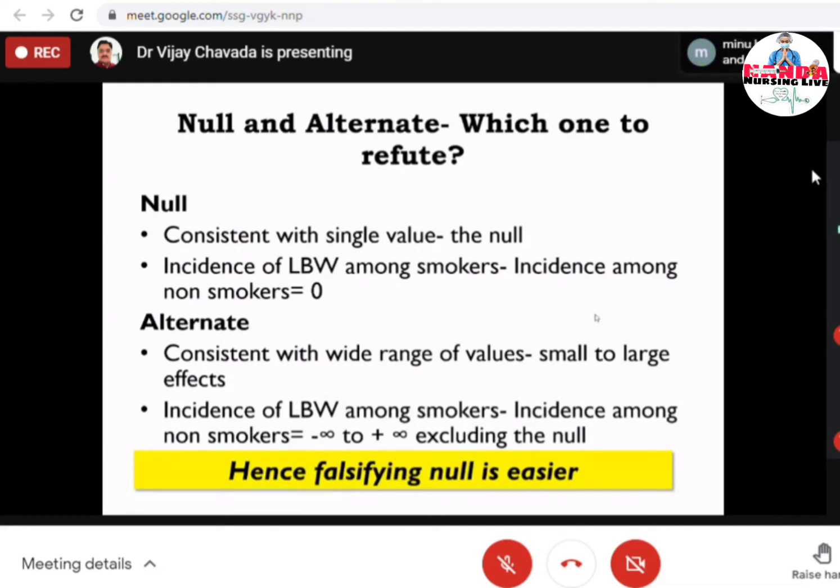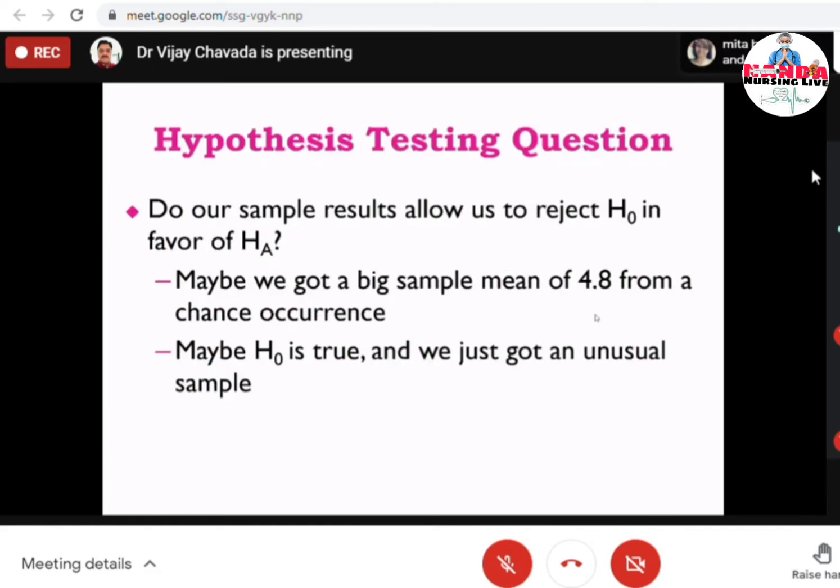We prepare our hypothesis and the null hypothesis, and we try to reject the null hypothesis. Rejecting the null hypothesis, in other words, is automatically accepting the alternate hypothesis or research hypothesis. So the question is: do our sample results allow us to reject null in favor of the alternative?